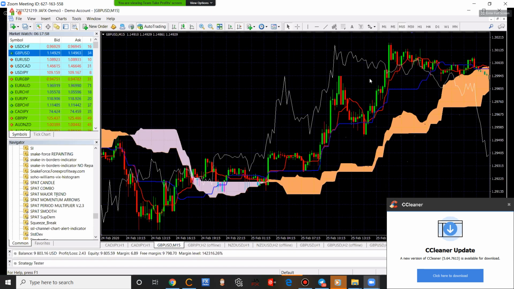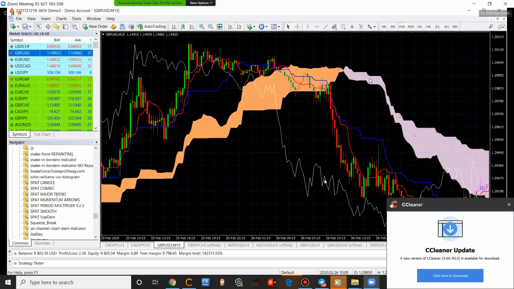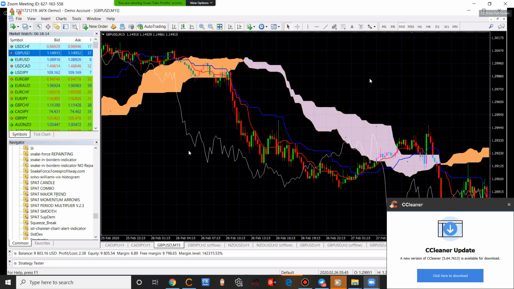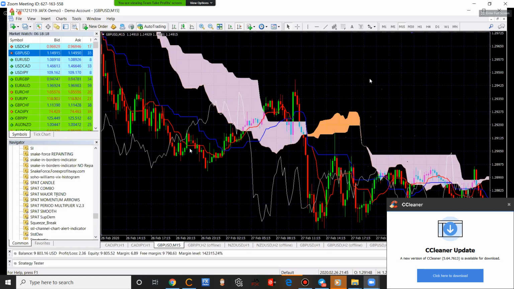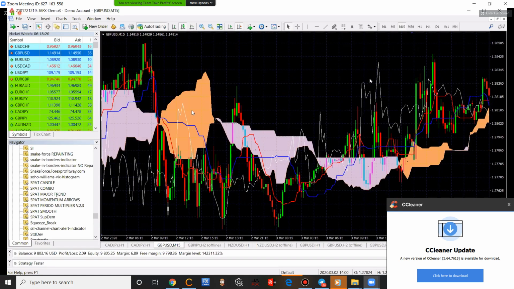The strategies that Jay and Robert use for mostly the GBP or the gold, for instance, do you think they could also work for other pairs, or is it mostly for highly volatile pairs?